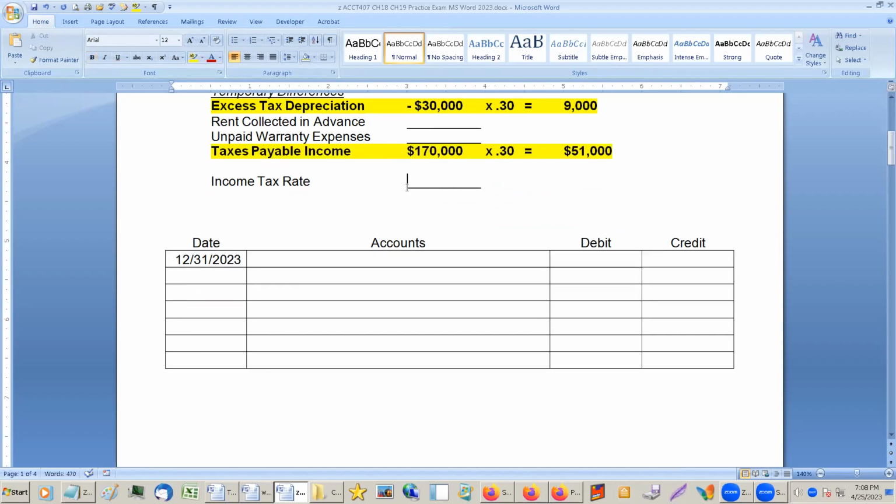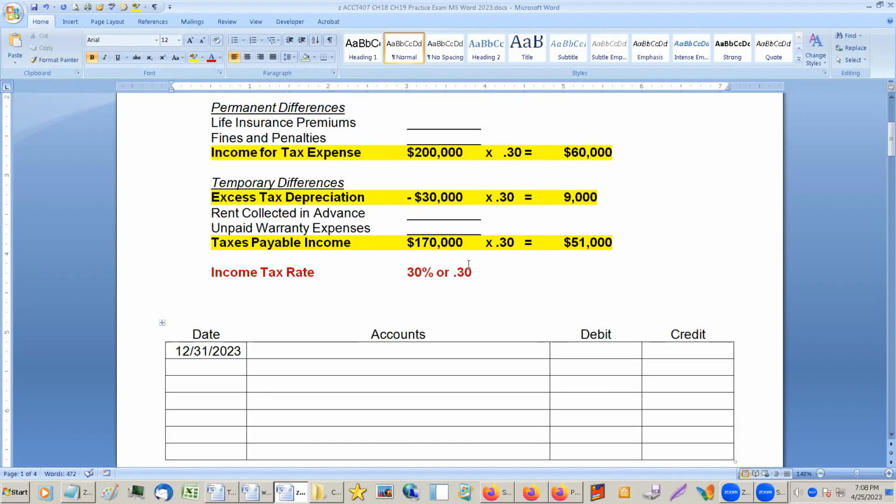Oh, income tax rate is, they gave that to us. Okay, so this is a temporary difference. This is going to reverse out in future years.